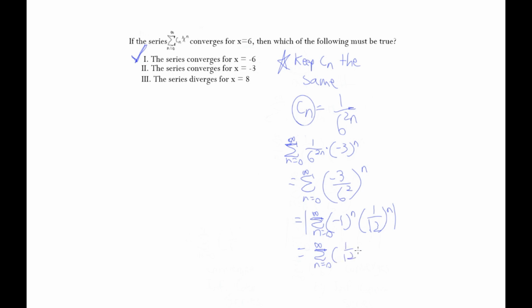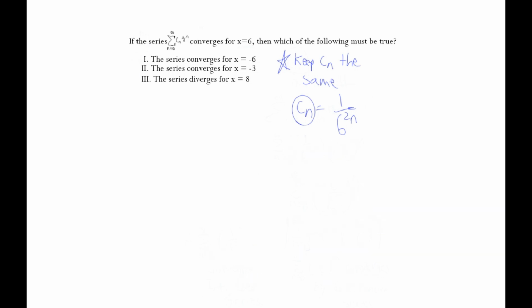But as you see, it leaves us with 1 over 12, and so this converges by infinite geometric series again, because 1 over 12 is smaller than 1, so therefore the original series also converges. Okay, so we know the second one and the first both work.